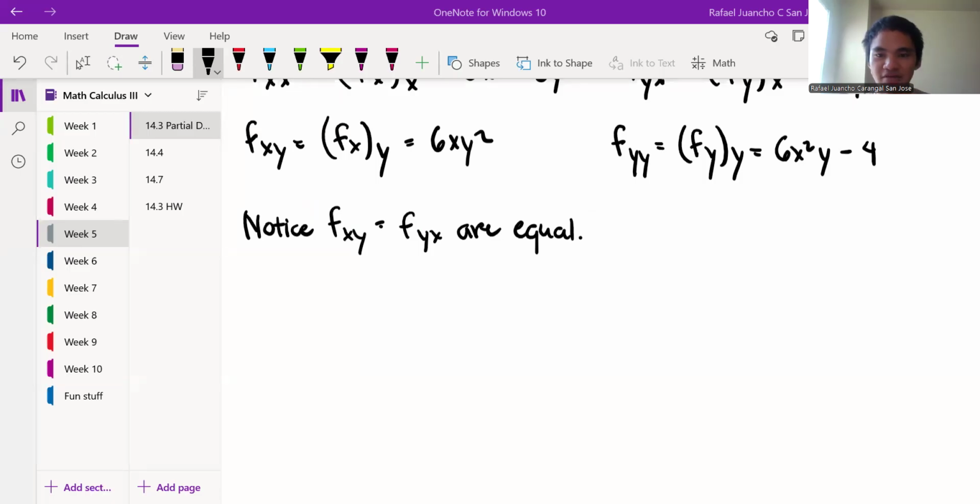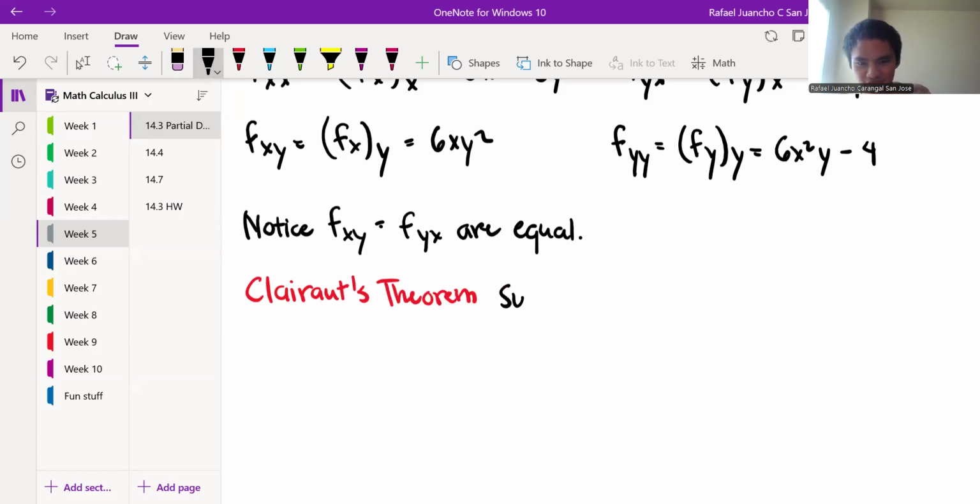And this was his theorem. So here we suppose, these are the assumptions: f is defined on a disk D. I'm assuming a disk is a quadric surface.